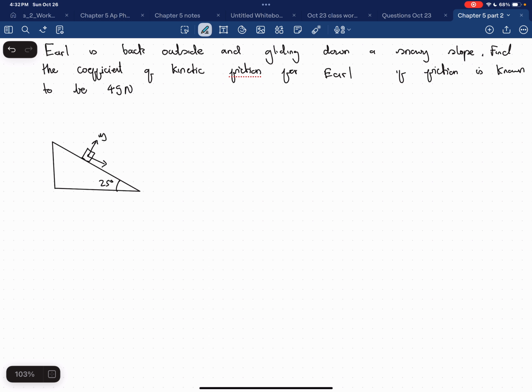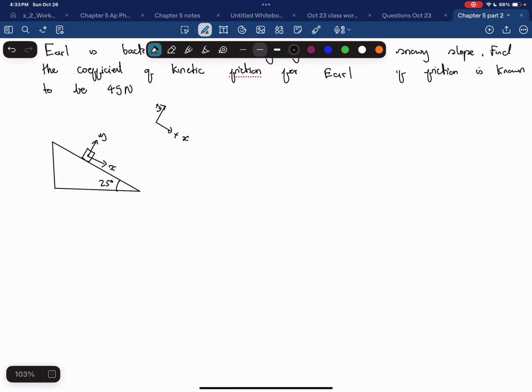Positive y and positive x, and our normal force. Let's get our free body diagram going. Change the color a little bit.